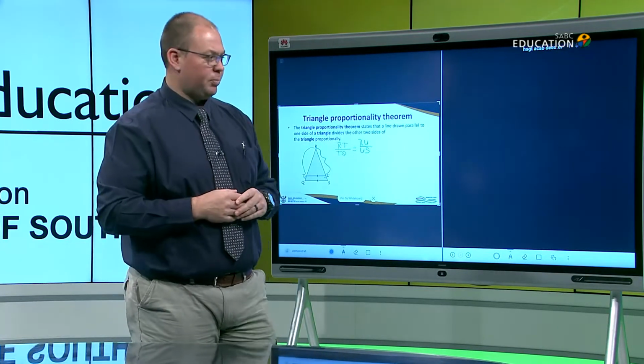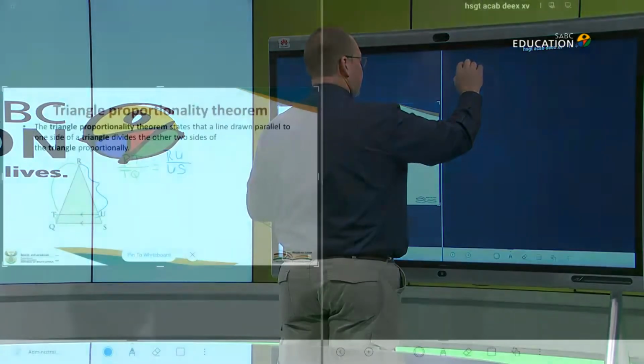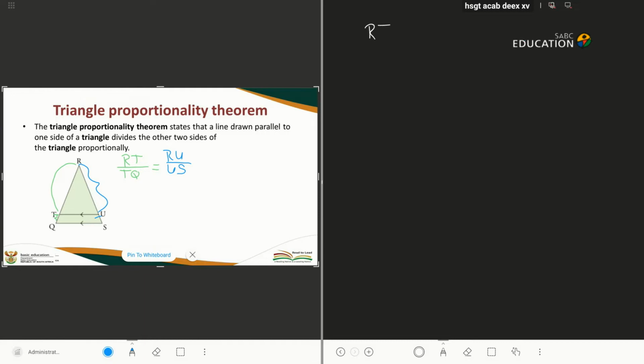But here's the important part. If we say RT, the longer section, divided by the shorter section TQ, and then for the second part I say US divided by RU, I have used the smaller part as the numerator, so this will not be equal. Again, the order in which you write this is very, very important.